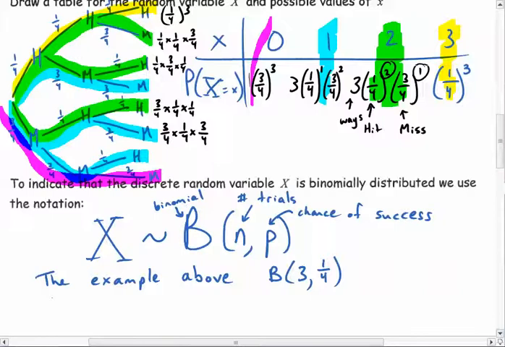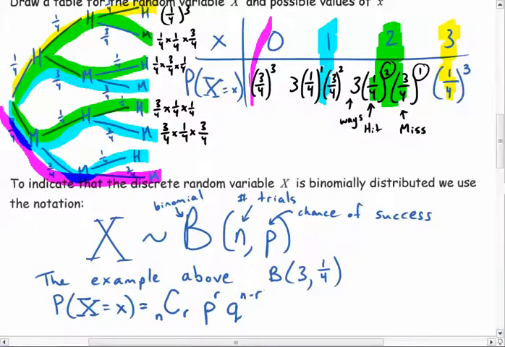So now the cool thing is that the probability for any one of these different x's is the number of trials, choose r, times the probability to the power of r, times the probability of missing to the power of n minus r.